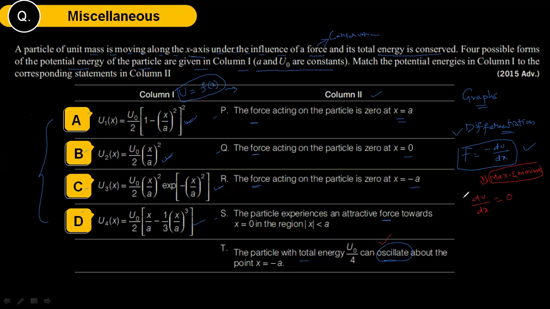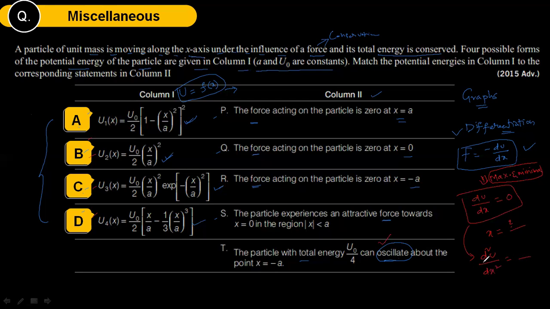In differentiation you will study maxima and minima. That knowledge I am going to make use of now. So go for dU/dx equal to 0, then calculate the x value. In every equation, if you equate the derivative to 0, you will get an x value, because x is the variable here. After getting the x value, keep it aside, then go for the second derivative, that is the double differentiation, d²U/dx².